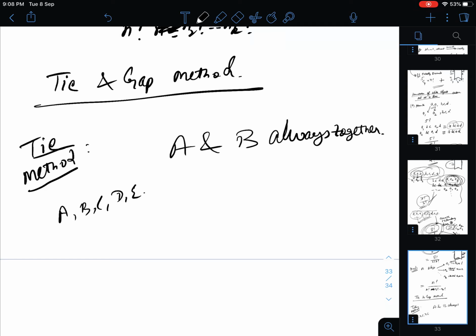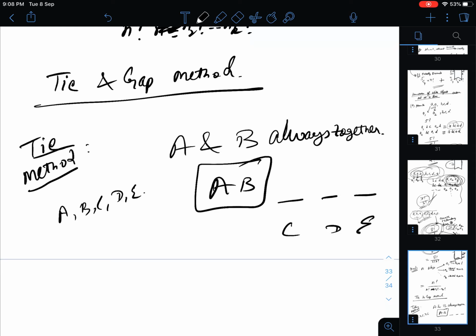The idea of the tie method is, if 2 objects should always be together in the permutations, then tie them as one unit, and permute this whole unit with the other remaining objects, C, D and E.